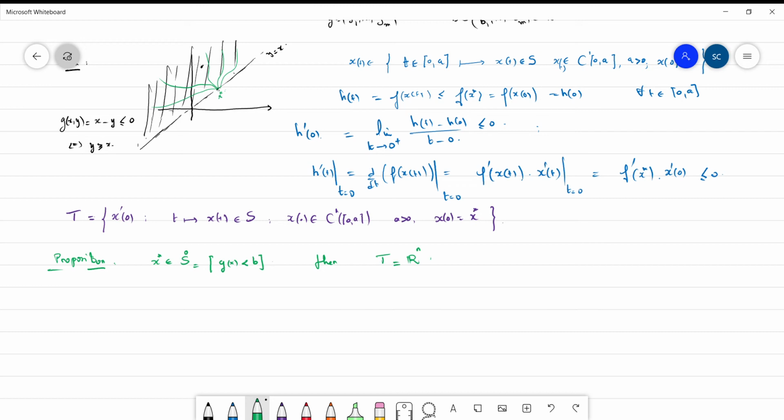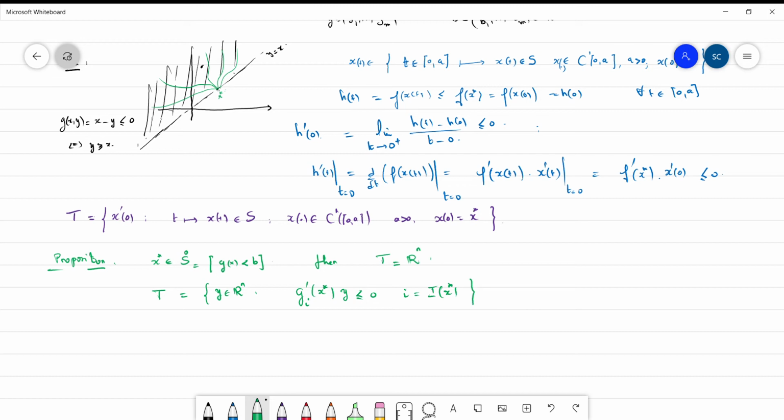Here it is. T will be equal to the set of y in Rn such that the derivative g_i prime at x star times y is less than 0 for i belonging to I(x star).